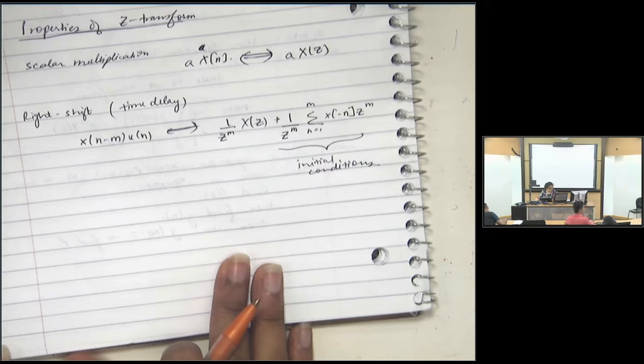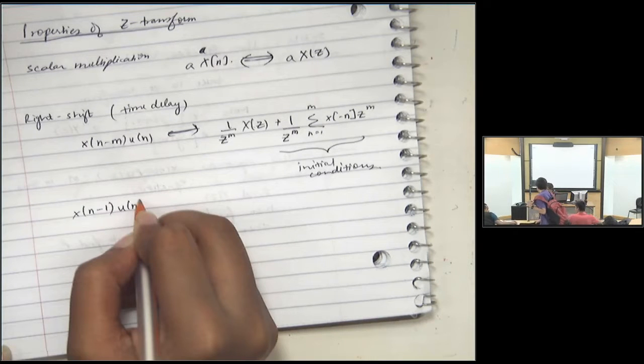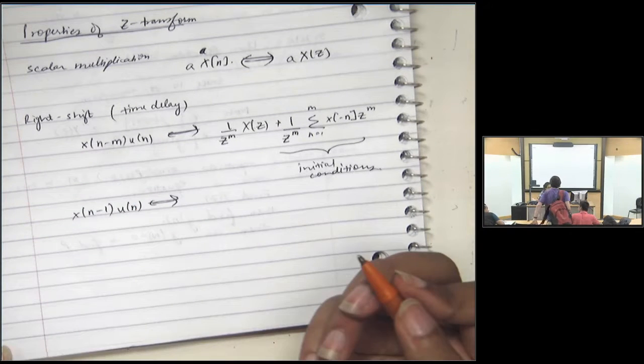Alright, so let's see a few examples. We have x of n minus 1 times u of n. What will be its Z transform?